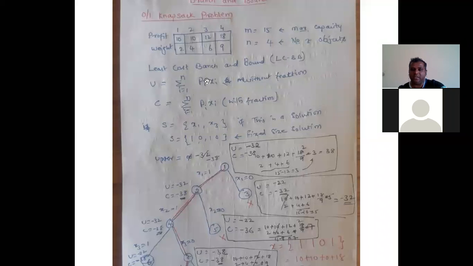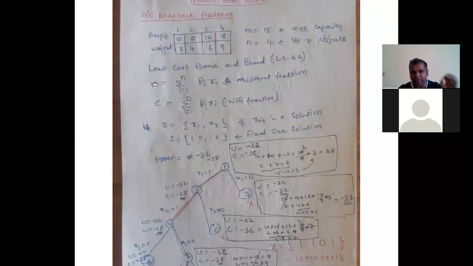The second function, the C function, is continuous, that means with fraction. This xi contains zeros, ones, and some fractional value also, depending upon the input instance, between 0 and 1.